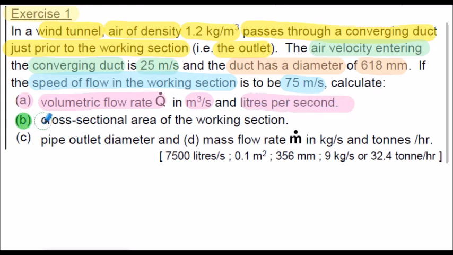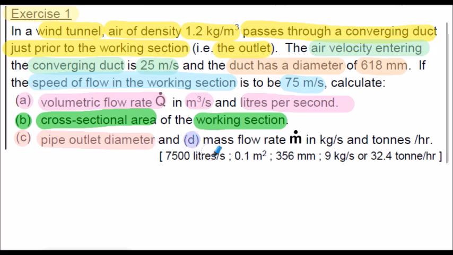Part B, the cross-sectional area of the working section, the outlet. Part C, the pipe outlet diameter. And part D, the mass flow rate m dot, both in kilograms per second and tons per hour.